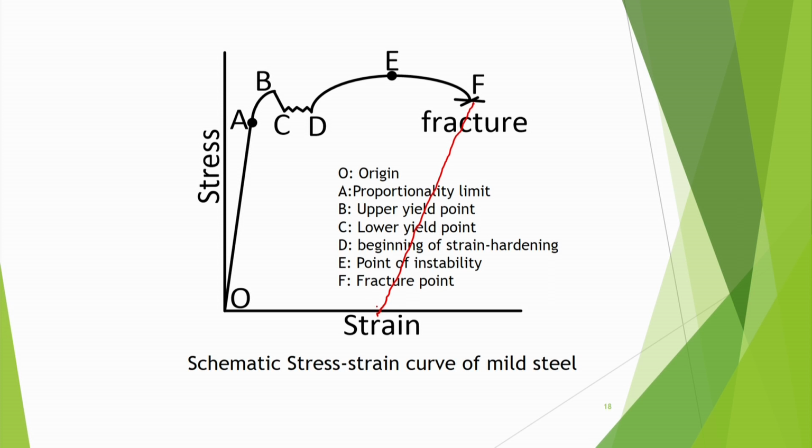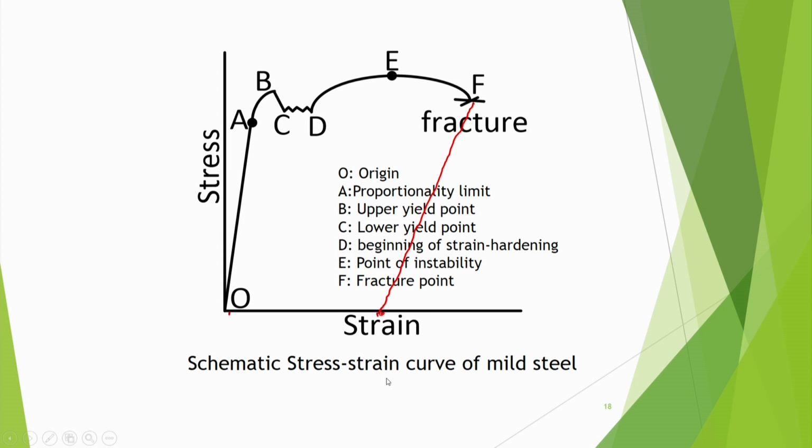So you come up to this point and then this distance from O to this point indicates the permanent strain. This will of course be almost the same as the total strain, because elastic strain is very small, but that is what has been told.